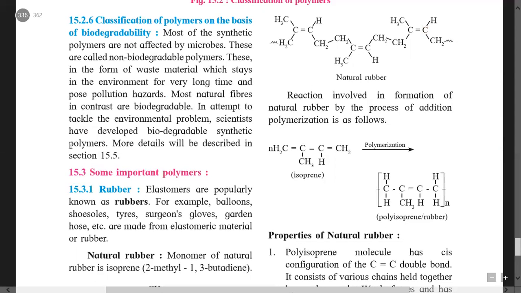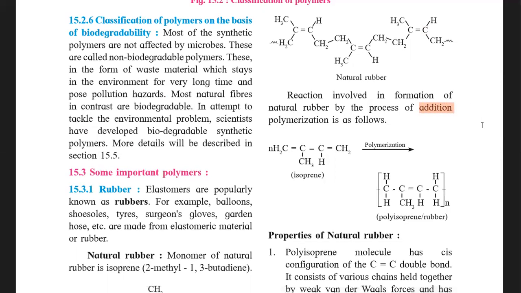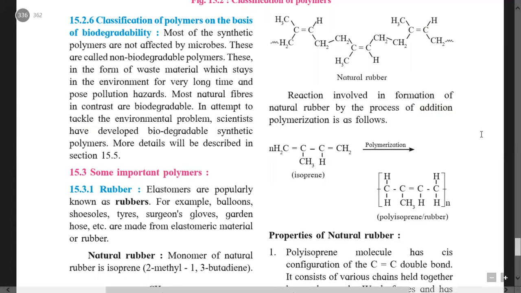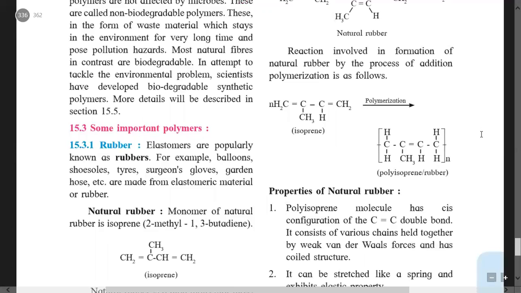The reaction involved in the formation of natural rubber is the process of addition polymerization. Yesterday we had studied these types of polymerization: addition and condensation. So this is the addition type of polymerization.